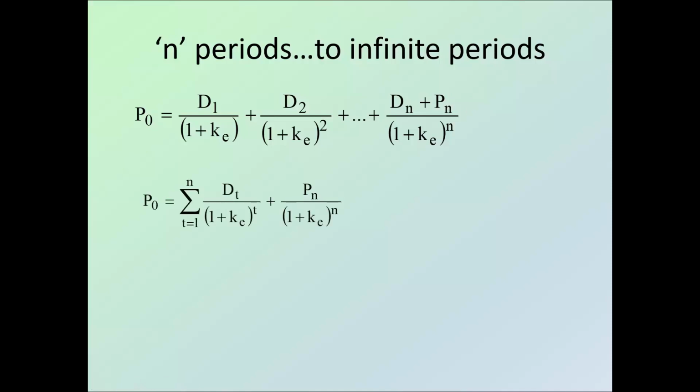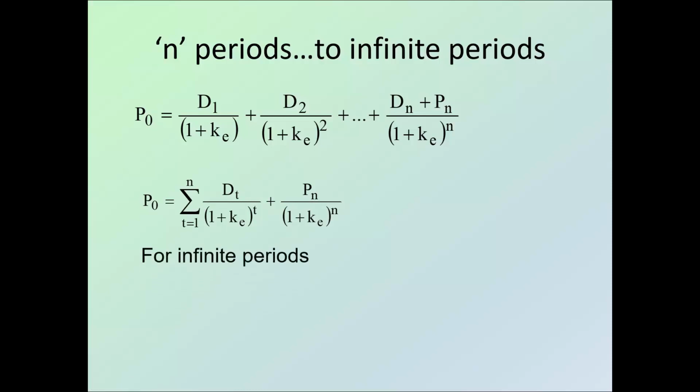However, we can write this in a much more compact fashion, which is the price today is a sum of t going from 1 through n, which is taking care of these dividends, Dt, divided by 1 plus Ke to the power t, where Ke is that discount rate once again. Since the price that we receive after the nth period is a one-time thing, it is not really operated by the summation operator.